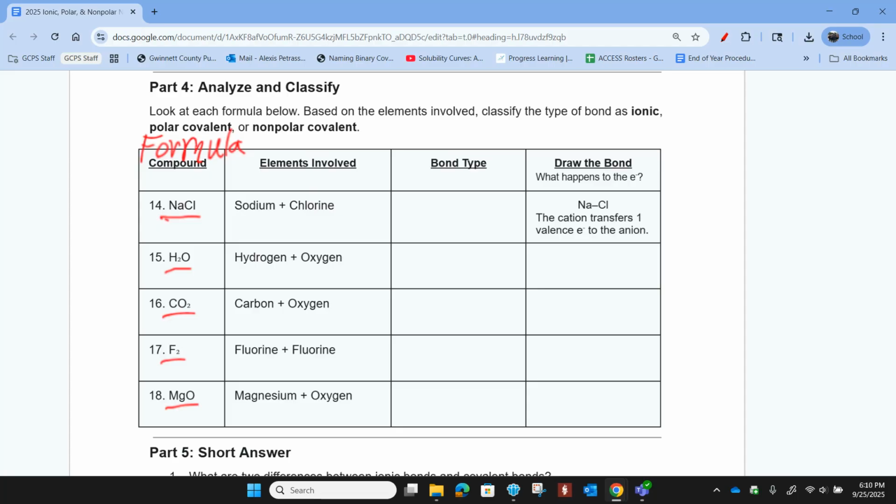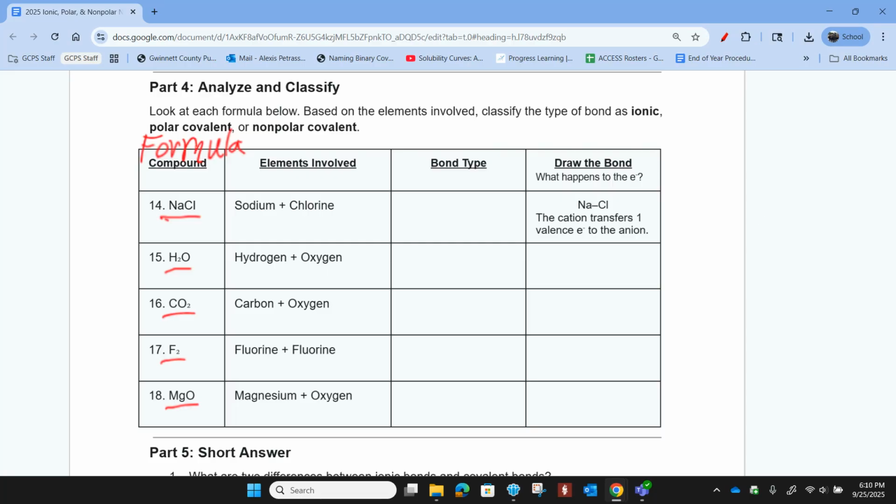Anyways, based on the elements involved, classify the type of bond as ionic, polar covalent, or non-polar covalent. And we're going to draw the bond, which it is okay if you need to look on Google, but really try to think through it, then just look on Google. Okay. All right. So the first one is NaCl, sodium and chlorine.